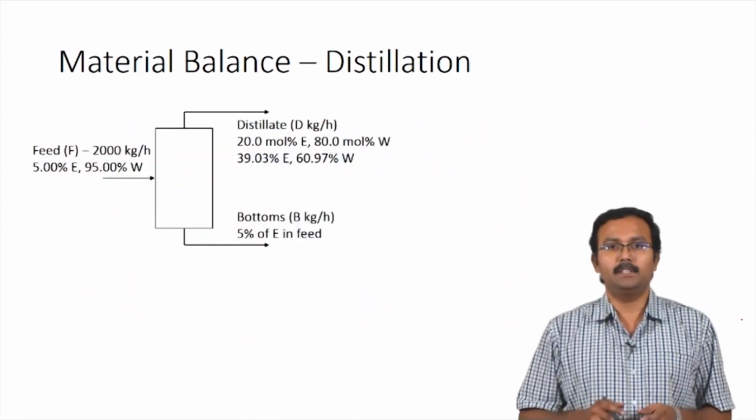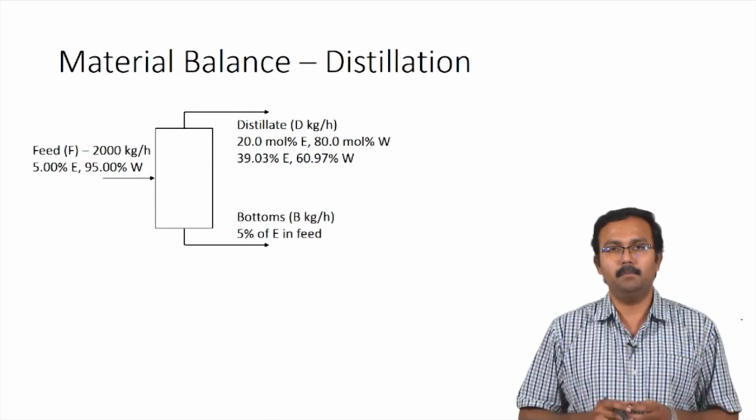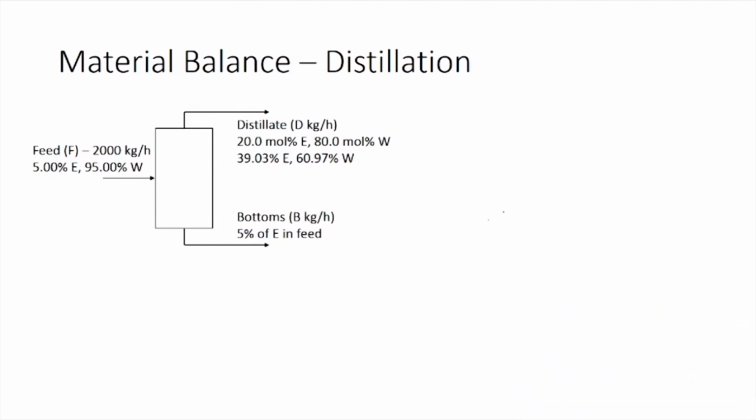Now that we have converted these values to mass percentages, let us move on to solving the material balance problem. So, this flow chart gives you all the information that has been obtained from the problem and all the information that we have just calculated. The problem statement clearly states that 5% of ethanol entering the system is actually leaving through the bottoms. We also know that 5% is the mass fraction of ethanol in the feed stream.